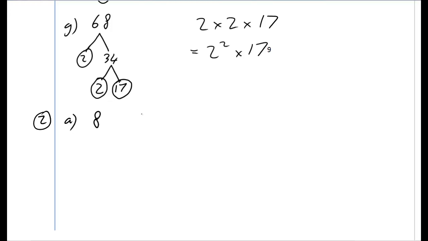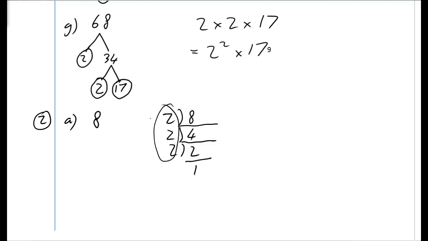So let me explain what we mean. 2 divided into 8 will give you 4. Okay, 2 divided into 8 gives you 4. Now, 2 will also divide into 4 and give you 2. And 2 will divide into 2 and give you 1. So here's our prime factors listed down. So the prime factors of 8 are 2 cubed.